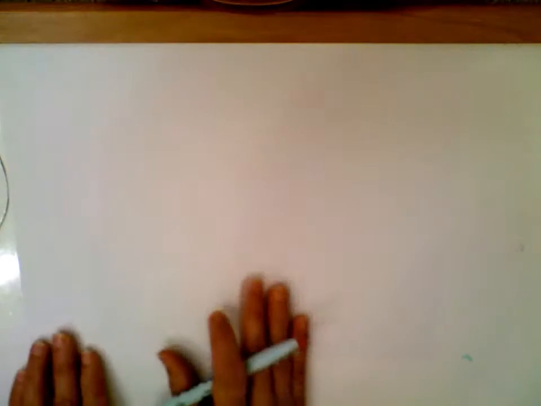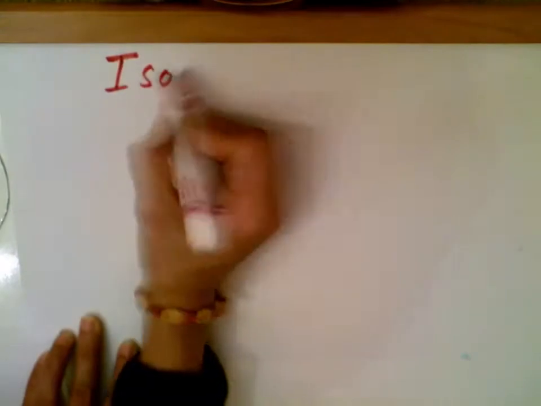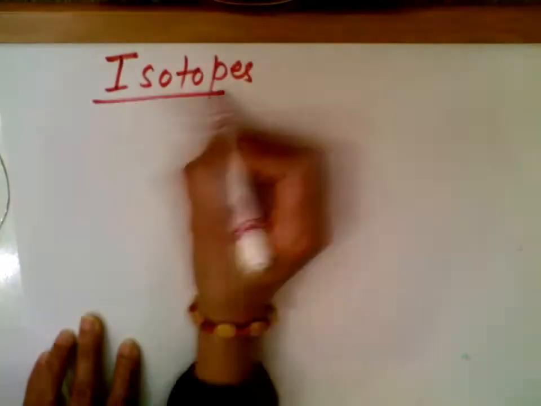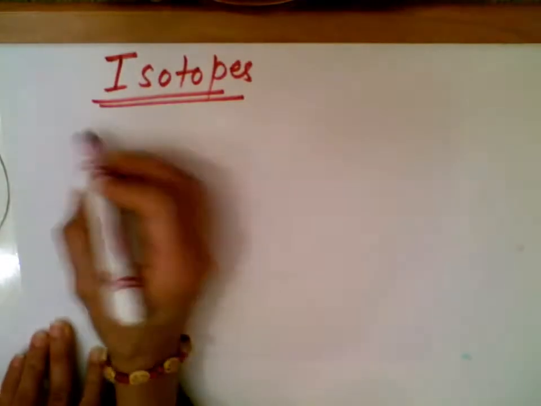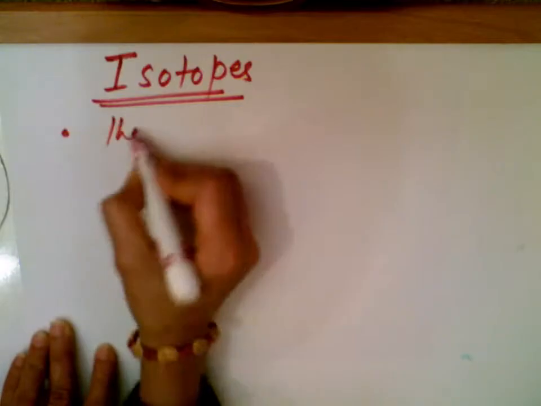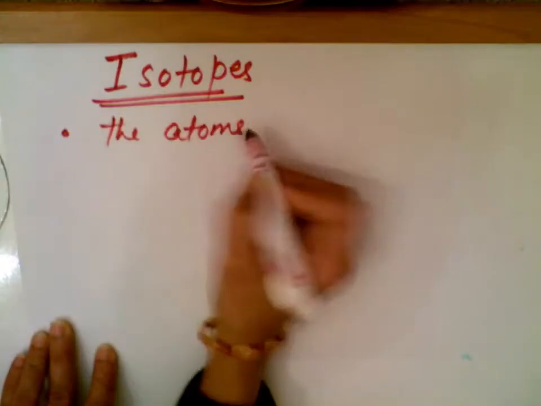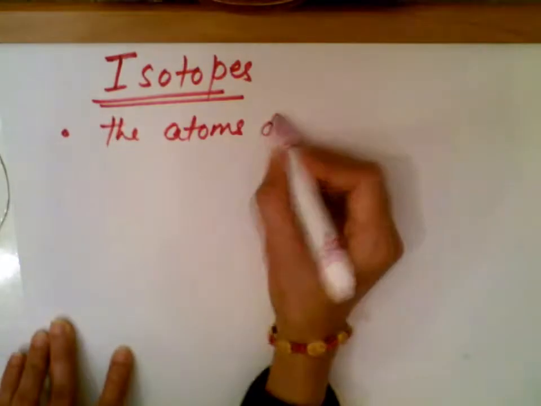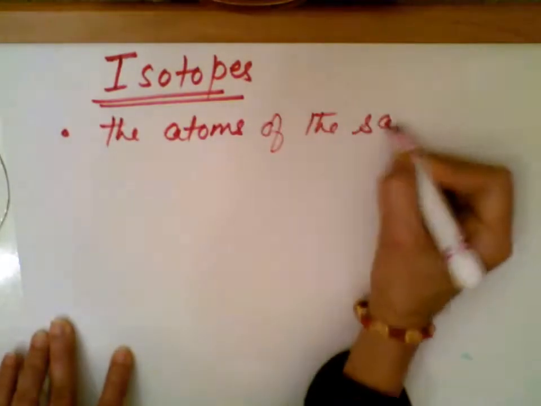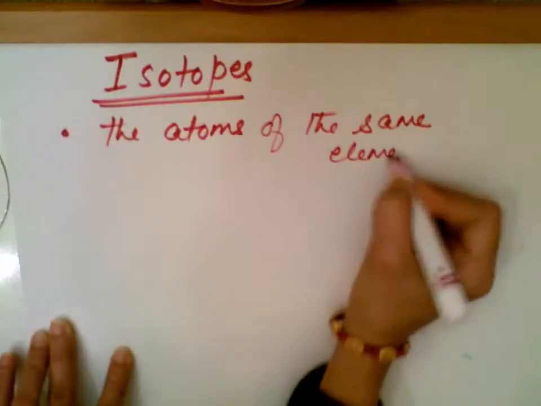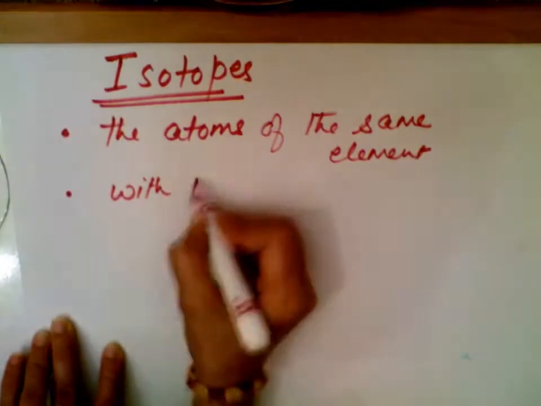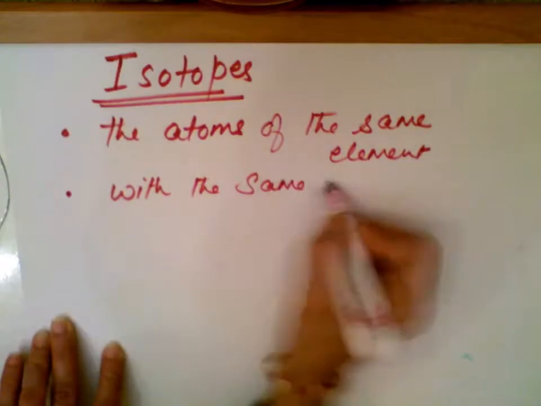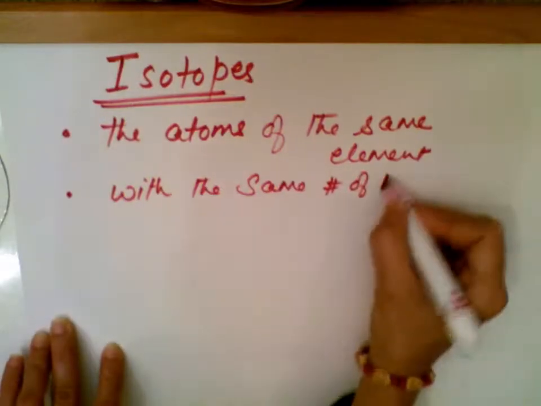So what are isotopes? Because our focus is on isotopes, that's our main topic. These are the different atoms of the same element. This is important to understand: they are atoms of the same element, or you can say different versions of the same element. They have the same number of protons. Letter P stands for protons.